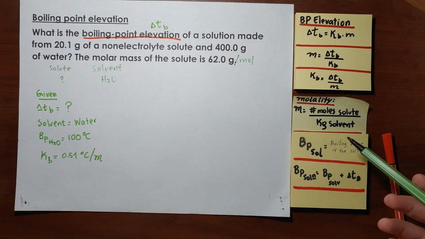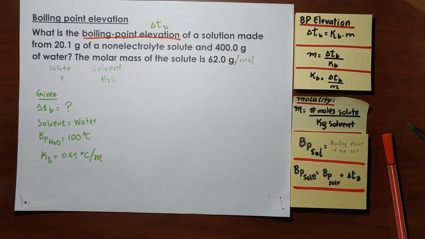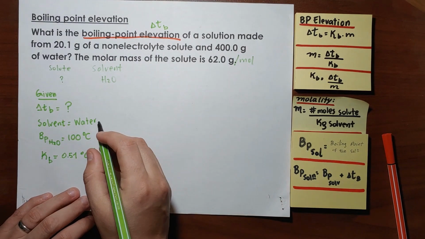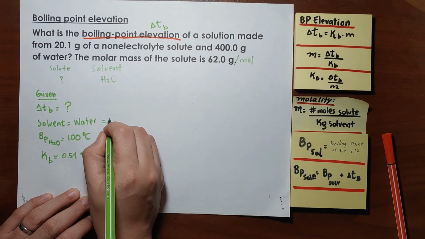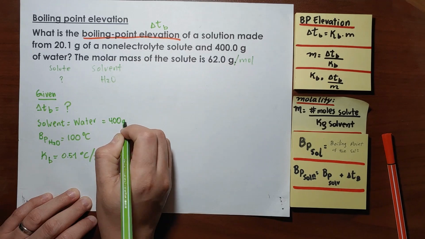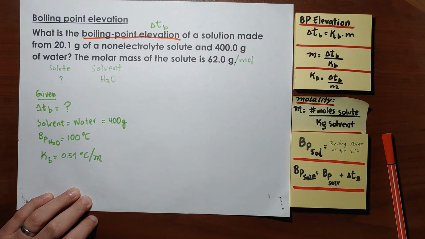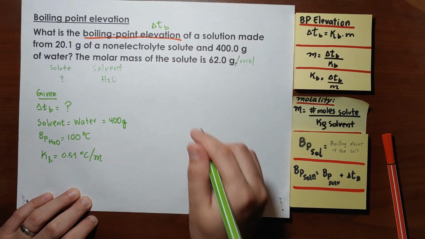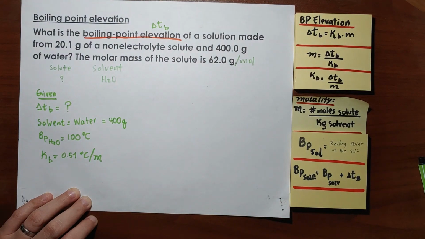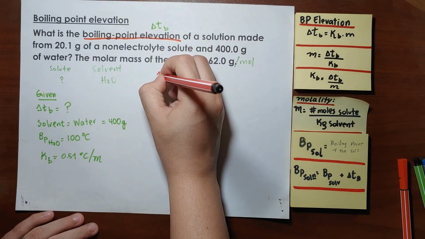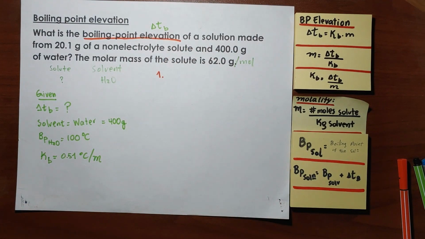By dividing the number of moles of solute per kilogram of solvent. From the solvent, I know I have 400 grams, and my number of moles of solute, I don't have. So that will be my first step.